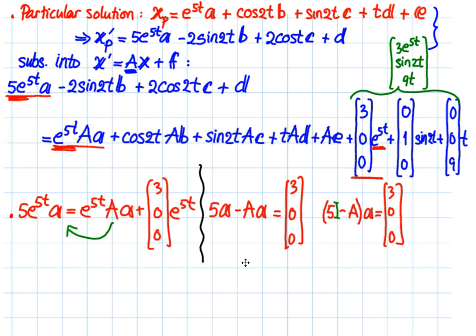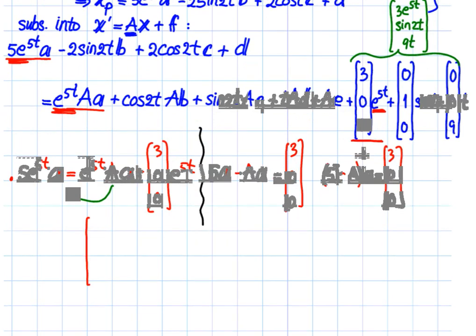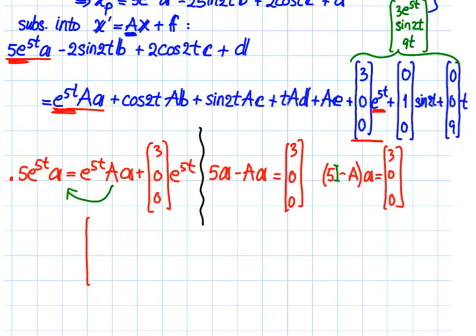So 5I minus A. The identity matrix times 5 will have 5, 5, 5 on the diagonal. So that is the identity matrix times 5. And then we minus A. A is, remember, minus 3 here, minus 3, and minus 3.